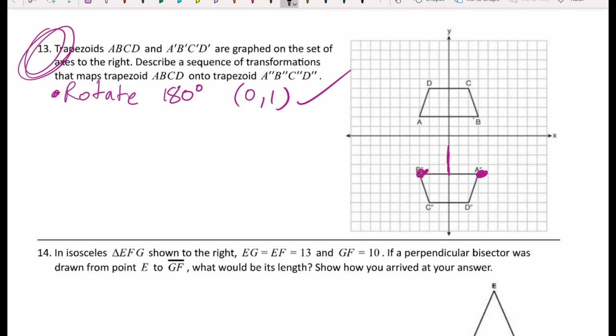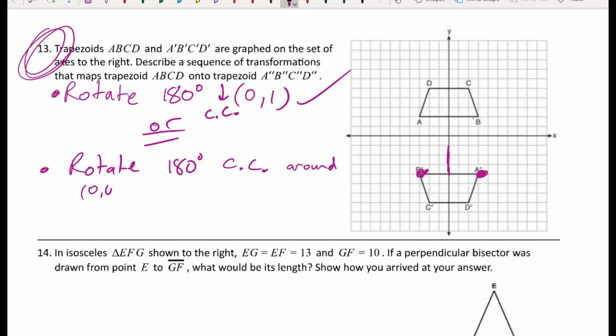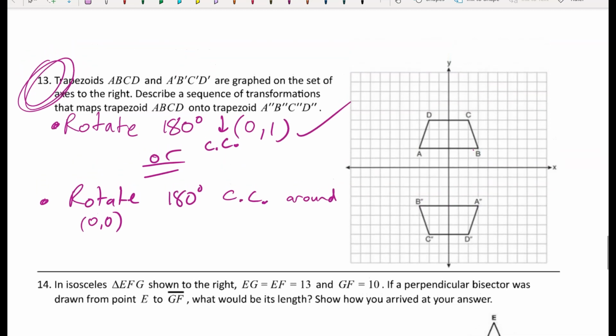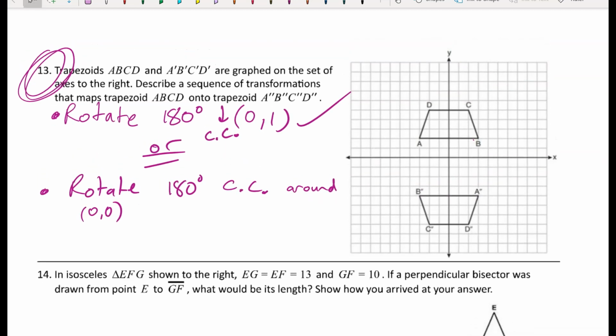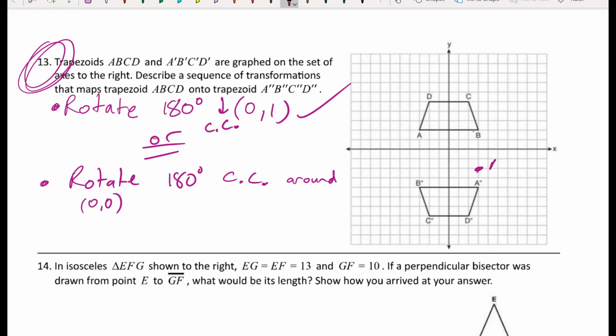Or, if you wanted to be careful, you could rotate 180 degrees counterclockwise. I should probably have a direction there too. Rotate 180 degrees counterclockwise around the origin. That could be your first step. And if you apply that transformation to each of them, you should end up with something that gives you A prime there, B prime there.